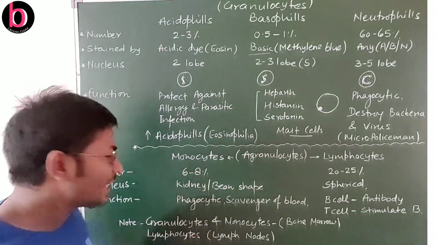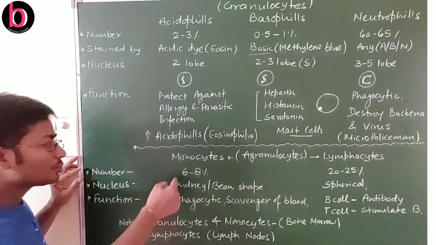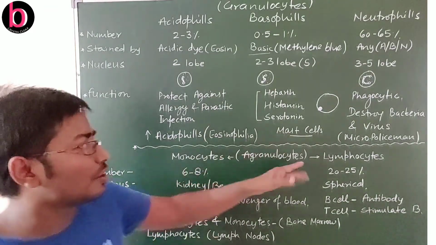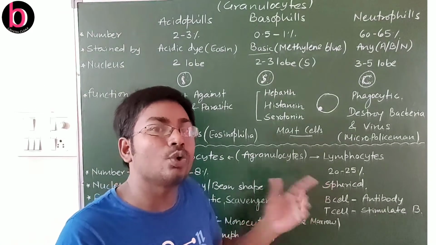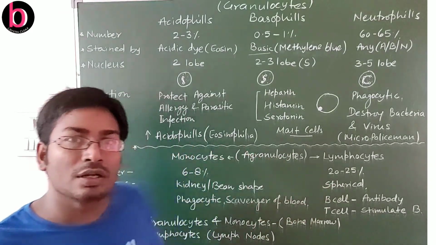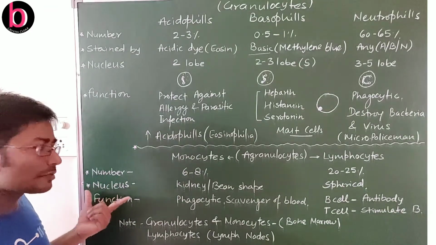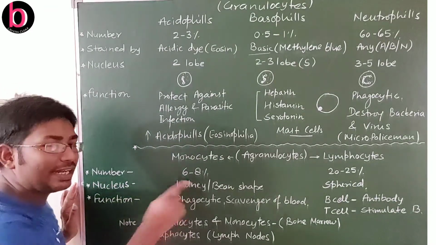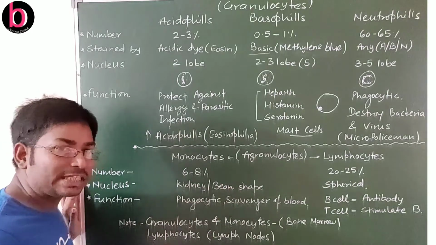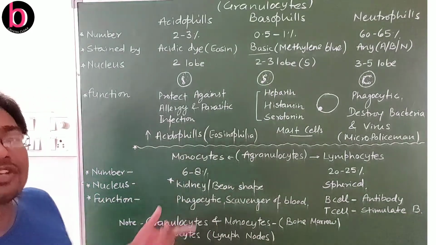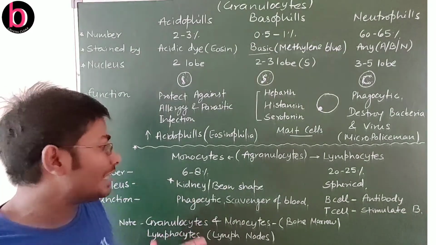Monocytes are 6 to 8% of total WBCs, while lymphocytes are 20 to 25% of total WBCs or leucocytes. Now about the nucleus, here the nucleus is kidney shaped or kidney bean seed shaped. So this is very important. The nucleus in monocytes appears like a kidney.